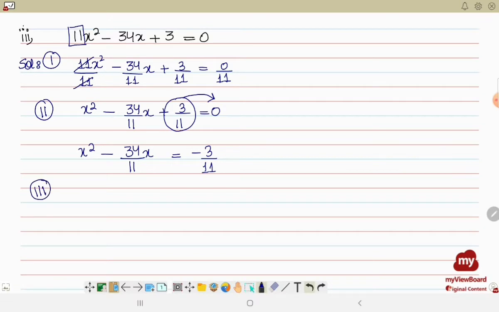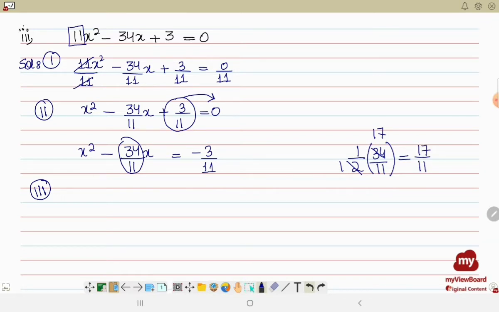Now the third step is that we have to multiply the coefficient of x by 1 by 2. Here it is 34 by 11. So let's solve it. It will get cancelled. We are having 17 by 11. So what was our third step?